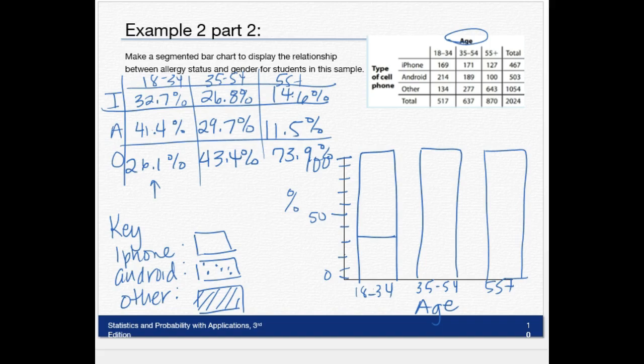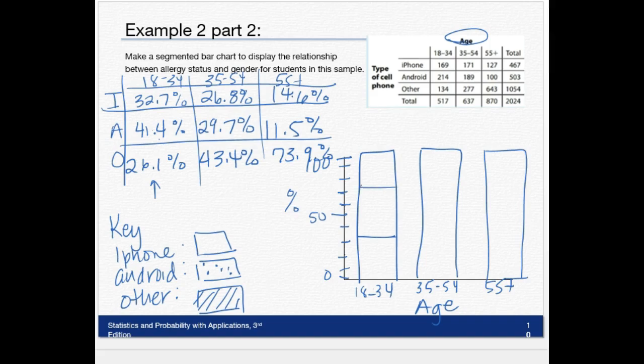Now, for the next one, I know that Android is 41.4%, but that's on top of the 32.7. So if I add those up, I get 74.1. All I did was do 32.7 plus 41.4, and I get 74.1. So that brings me all the way up here.